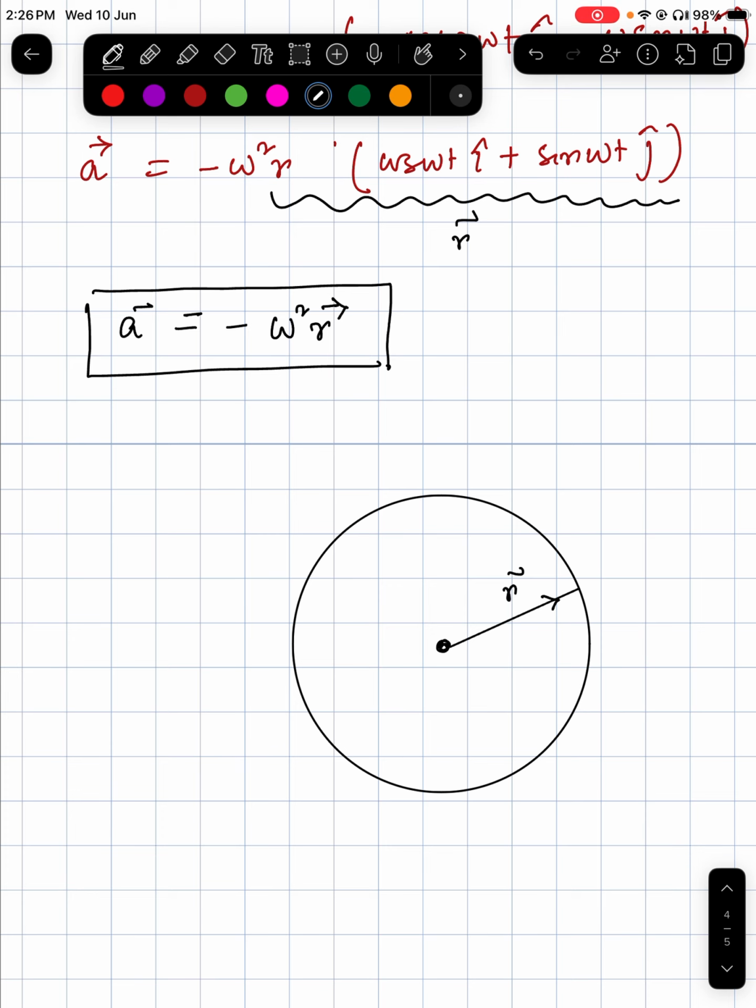That means the acceleration is opposite to the r vector, because of the vector property. So this equation says that a is pointing towards the center of the circle.